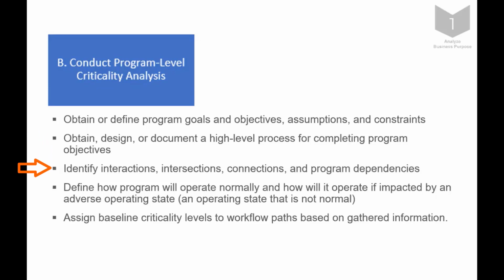By doing so, we can identify interactions, intersections, connections, and program dependencies across an organization. We also want to make sure we define how the program will operate normally and how it will operate if impacted by an adverse operating state or an operating state that is not normal. Then we can assign baseline criticality levels to workflow paths based on this gathered information.